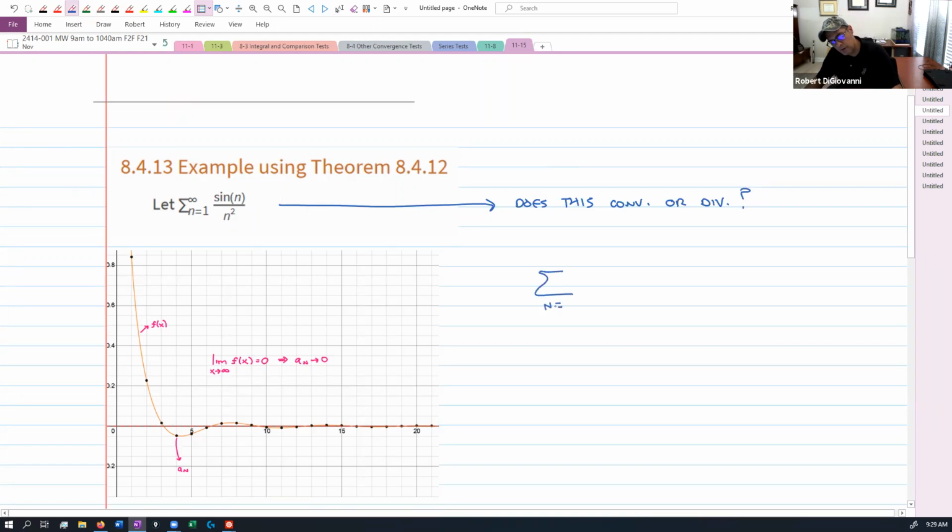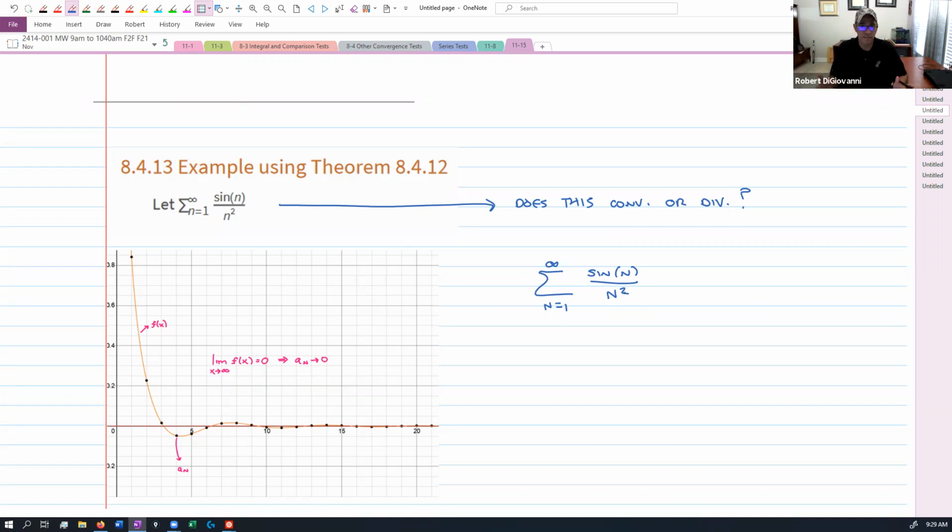First of all, please recognize that this is not our traditional alternating series. An alternating series must be plus, minus, plus, minus, or minus, plus, minus, plus. So we need that negative 1 to the n to make the alternating occur. This is not an alternating series, so I cannot use the alternating series test.